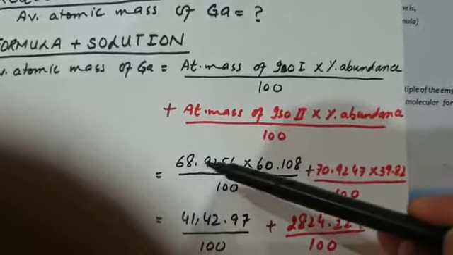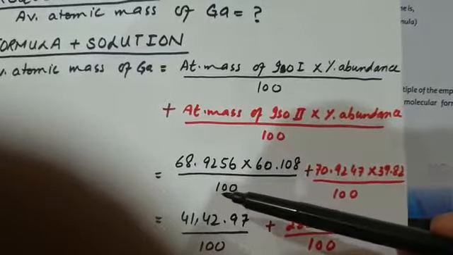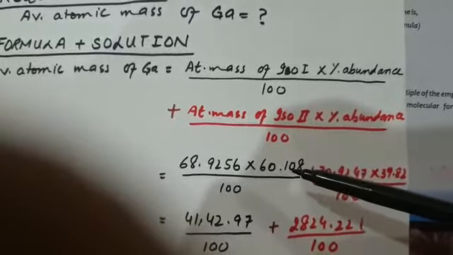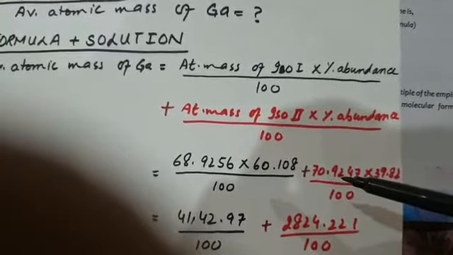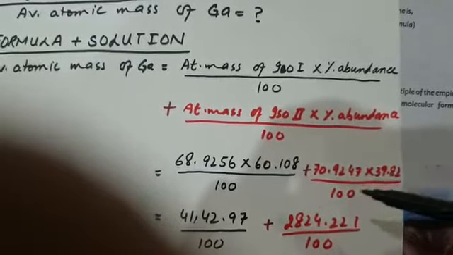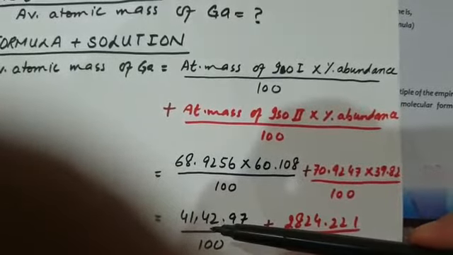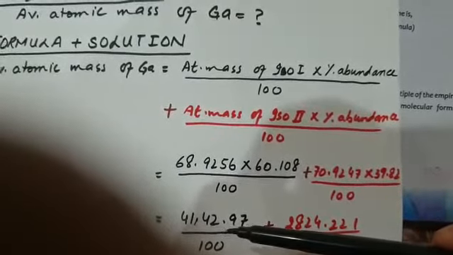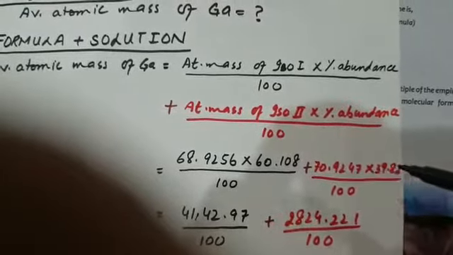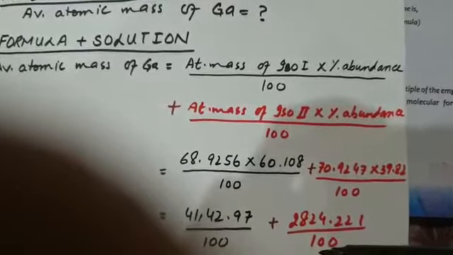It's again the information, that is 68.9256 multiplied by 60.108 divided by 100. That is for isotope 1, its atomic mass and its percentage. Similarly, it's the atomic mass of isotope 2 multiplied by its percentage abundance divided by 100. Again, you will multiply these two figures, you will get 4142.97 divided by 100. Similarly, when you multiply these two figures, you will get 2824.221 divided by 100.